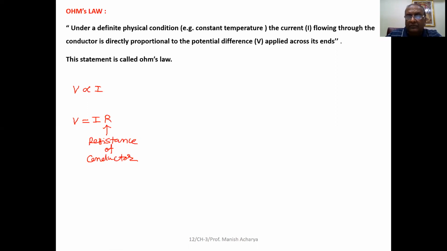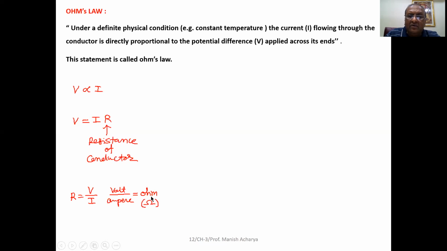Okay, now we can write R equals V by I. So the resistance of the conductor is the ratio of the potential difference applied across the conductor to the current flowing through it, and its unit is known as ohm, after the name of the scientist, and this is the symbol of the unit.